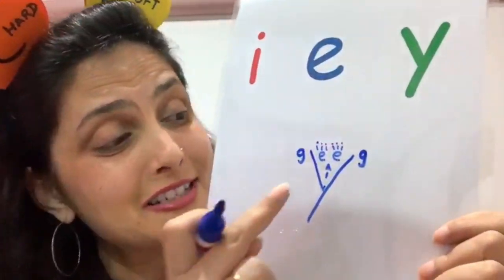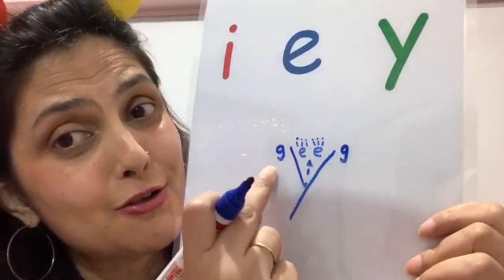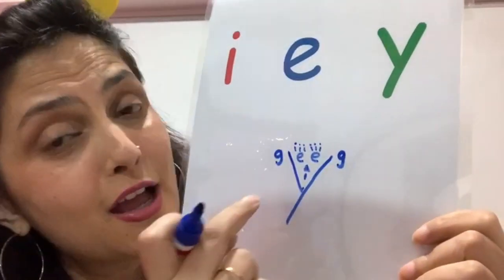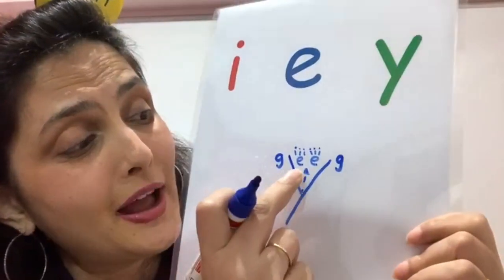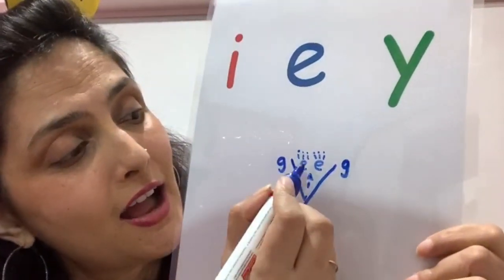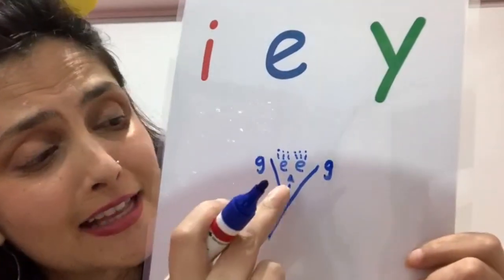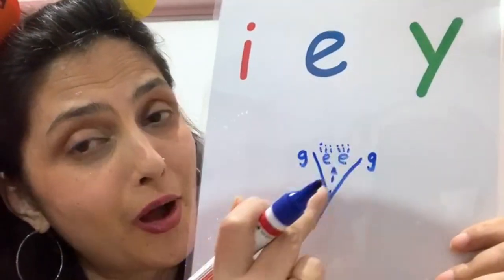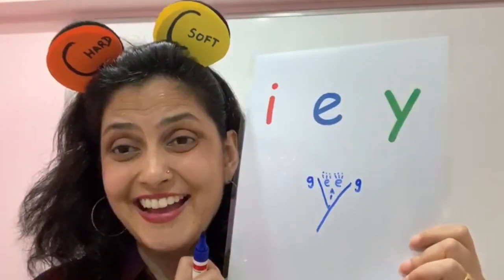You want the J sound, so you put the two G's. How do you get it? When you have E, I at the eyebrows and at the nose, and Y for the body. Yes? So, E, I and Y give the soft sound J for G, and S for alphabet C.